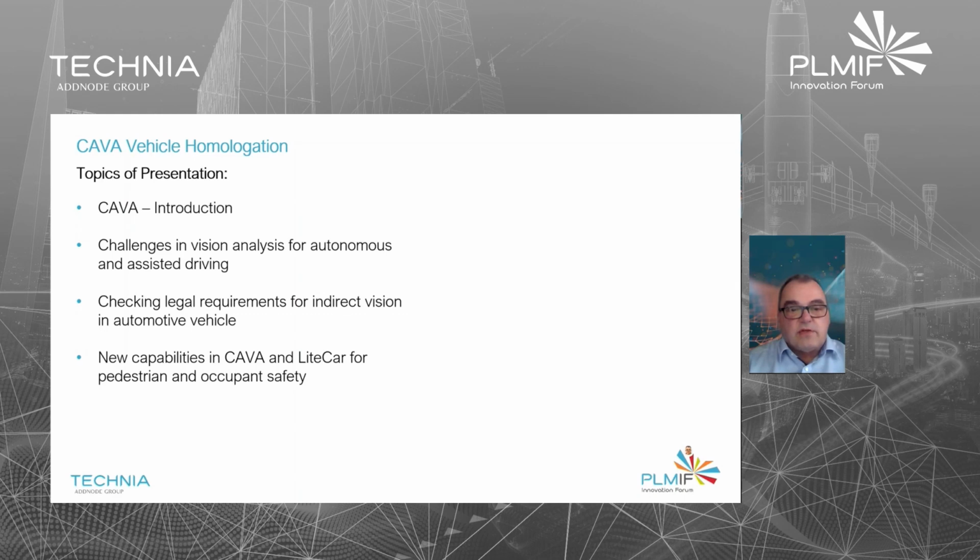After that, I also would like to talk about the other legal requirements for indirect vision in automotive vehicles in general. I'd like to show you some intro, what CAVA can do for you in that area. And after that, we also move on to another area of CAVA and also the LiteCar product, where we will show you the capabilities about pedestrian protection and occupant safety.